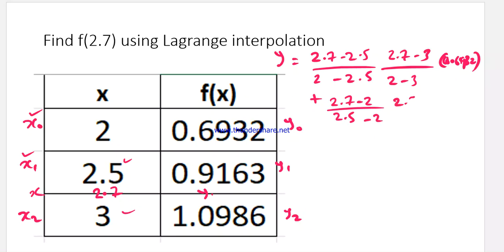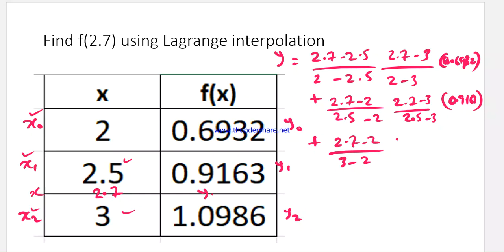Then 2.7 minus 3 all over 2.5 minus 3, multiplied by y1 now, which is 0.9163. Then we make this the reference now. So that means we have 2.7 minus 2 all over 3 minus 2. Then 2.7 minus 2.5 all over 3 minus 2.5. Everything multiplied by y2, which is 1.0986.